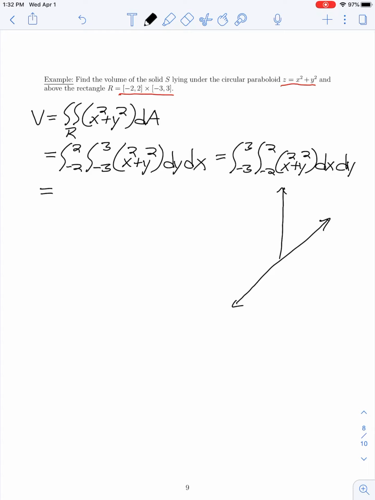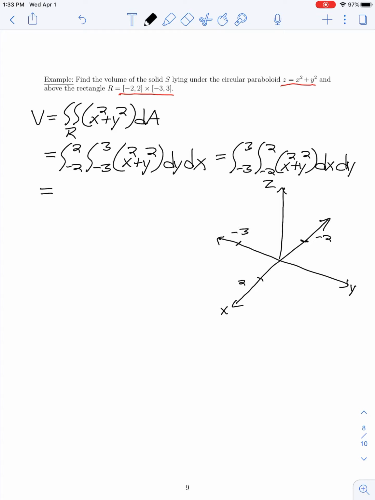So below, let's look at the graph of our surface. Here in the three-dimensional coordinate system, let's define our coordinate axes, x, y, and z.